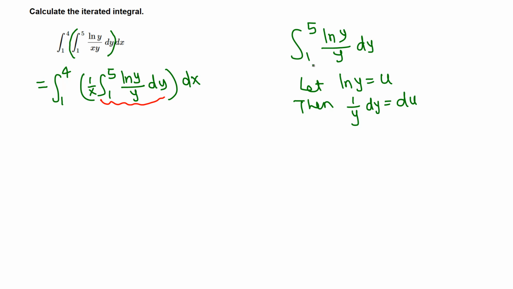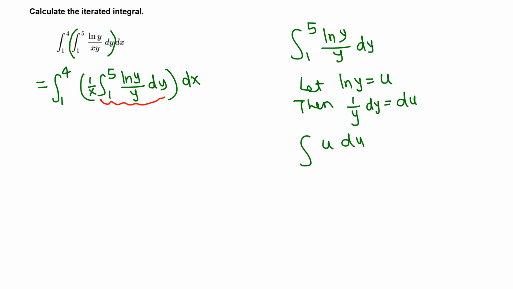Then we can go back here and change. This is u for ln y, and 1 over y dy is du. Now we need to change these limits, because these limits 1 through 5 are for y, but our new variable is u.